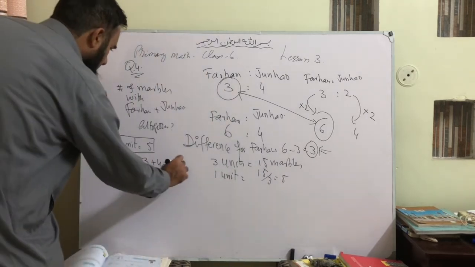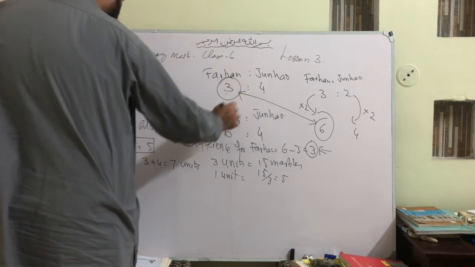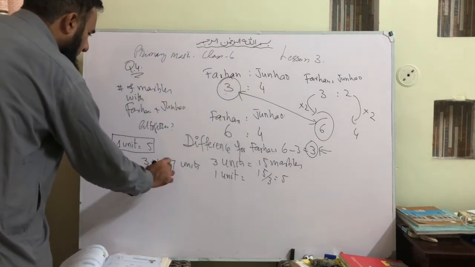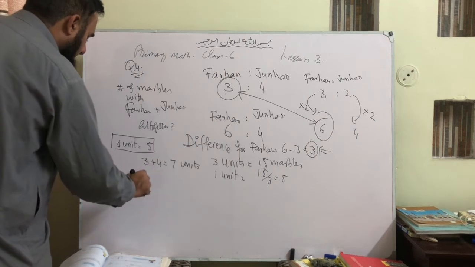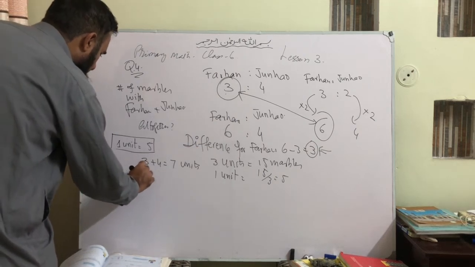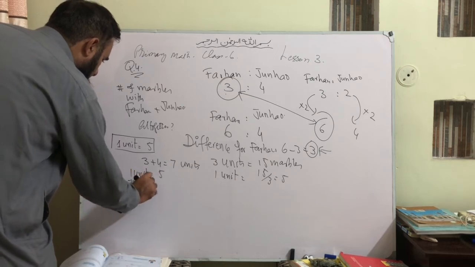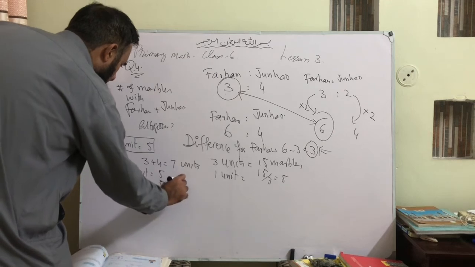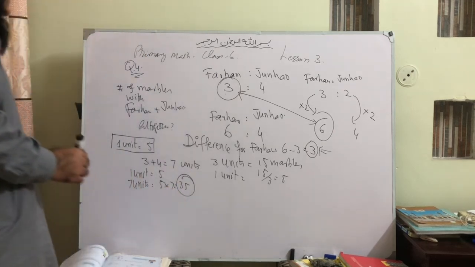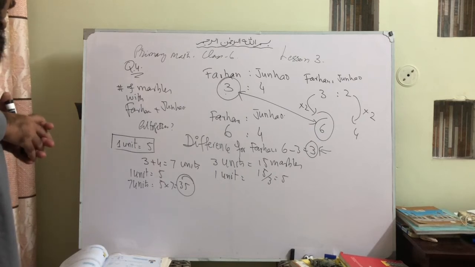So 7 units is equal to 5 times 7, which is 35. So they were having 35 marbles altogether at first.